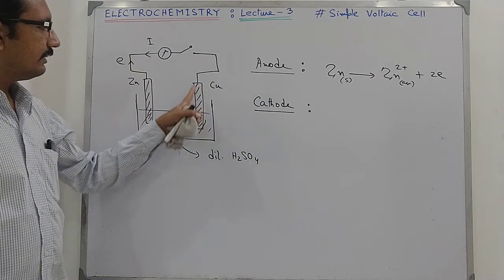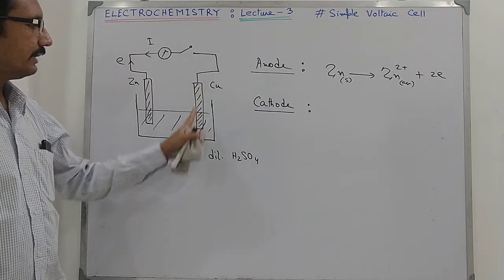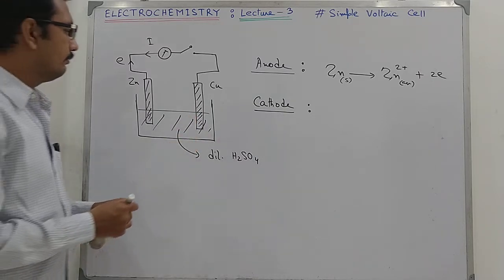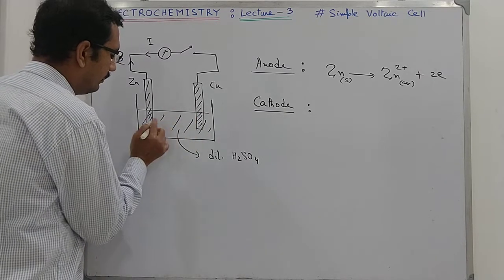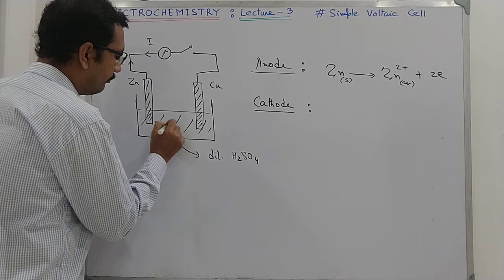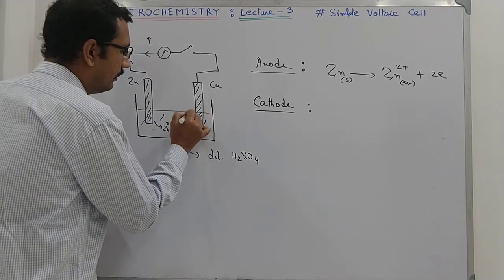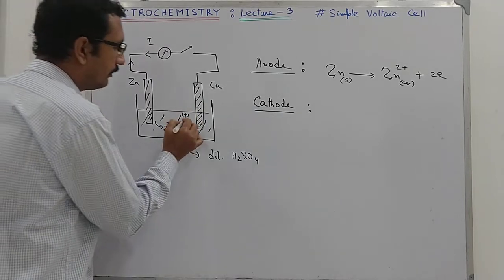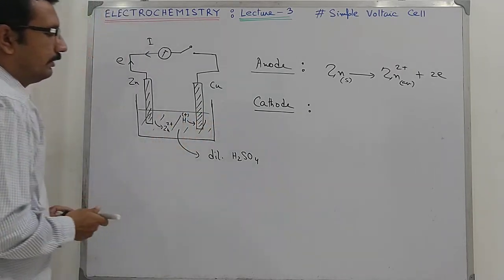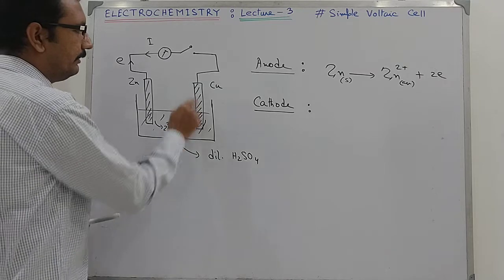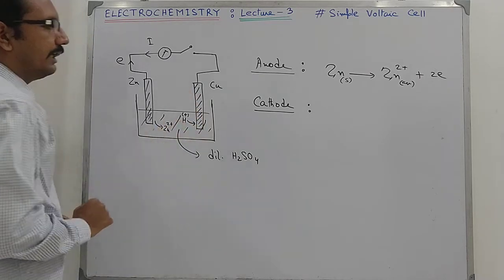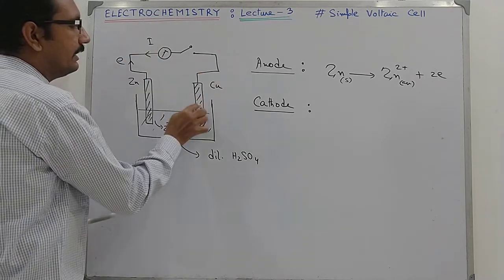Now this electron will reach this electrode, the copper electrode, and here we will have zinc 2+ coming into the solution, and the H+ ions, that is the protons present in the solution, will come in contact with the copper electrode, and these electrons are coming here.